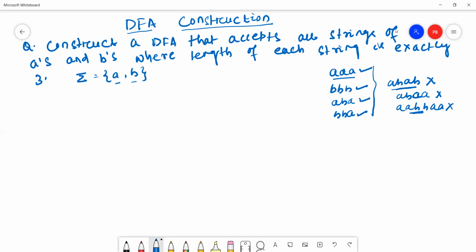So how to construct? Here the length of each string is exactly 3. This is Q0, this is Q1, this is Q2, this is Q3.